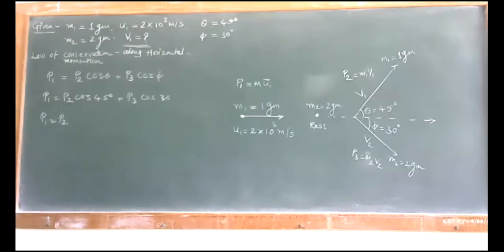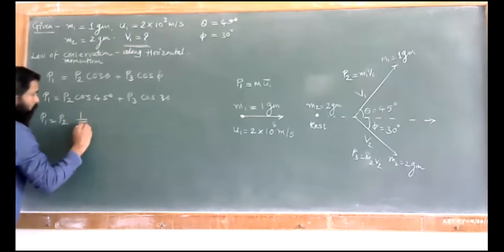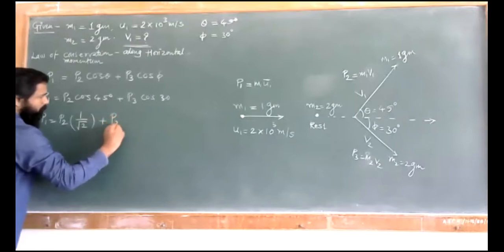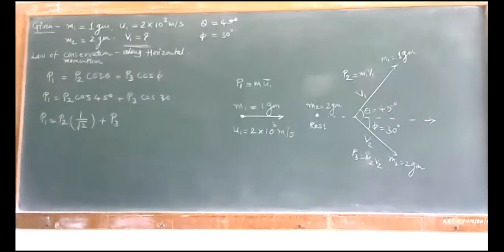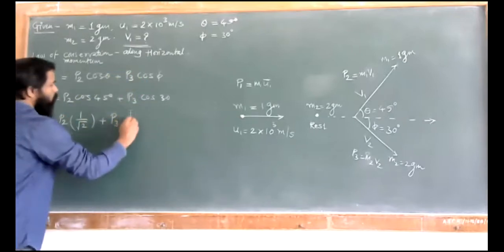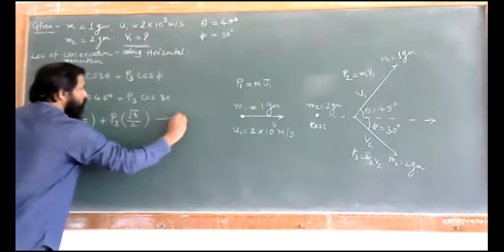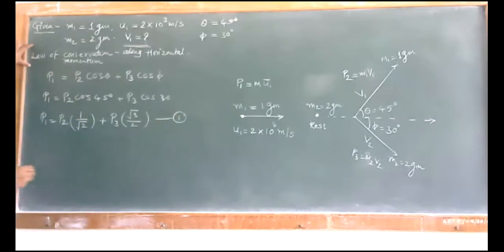Cos 45 is nothing but 1 upon root 2, so P1 is equal to P2 times 1 upon root 2 plus P3 into cos 30, which is root 3 by 2. This is the first equation, the law of conservation of momentum along the horizontal direction.